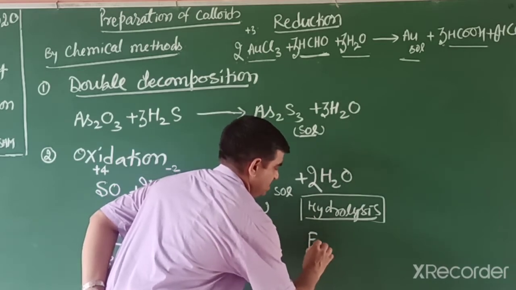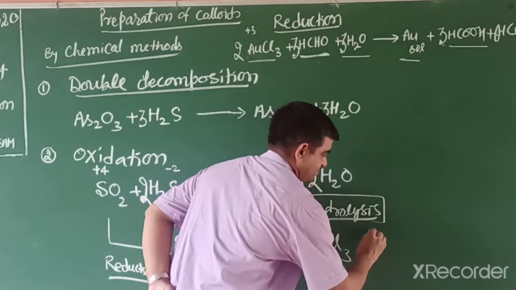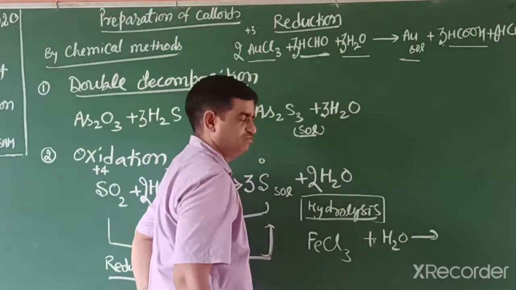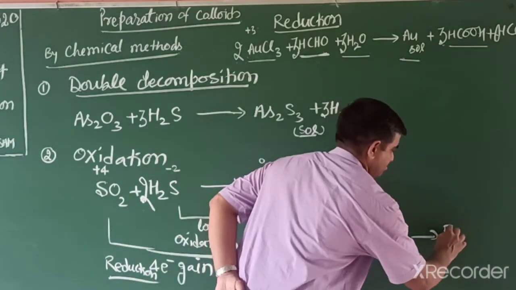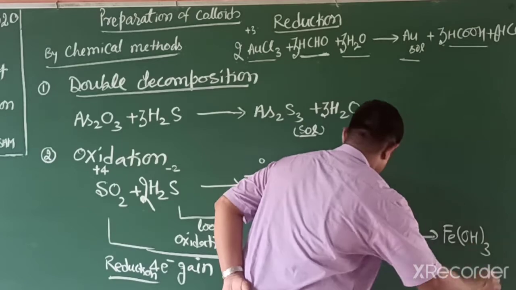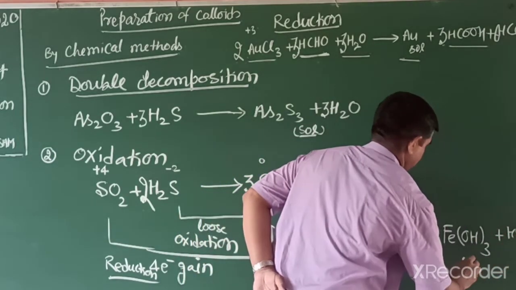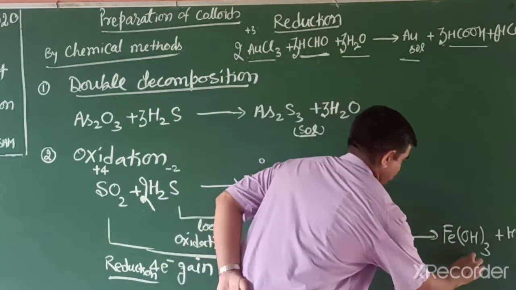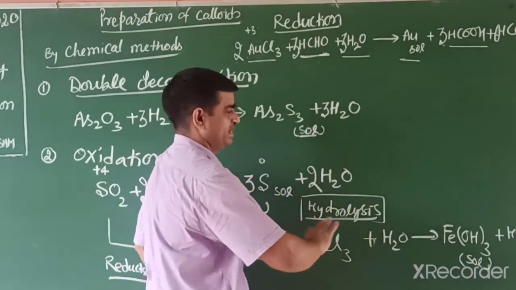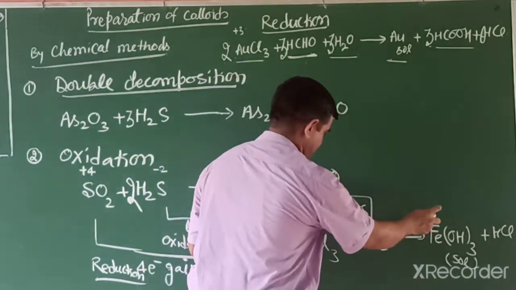If you write FeCl3 mixed in water, then what happens? It changes into ferric hydroxide, Fe(OH)3, plus HCl. So this one is ferric hydroxide sol. This reaction is not a redox, only simple hydrolysis, because the oxidation state of iron is +3 and here it is also +3.